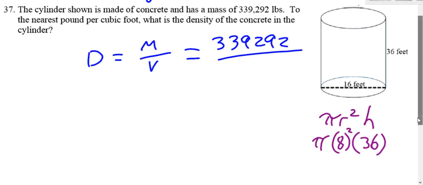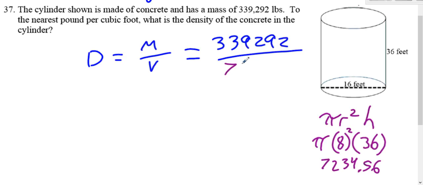And we'll use 3.14 for pi this time. So the volume of this cylinder is 7234.56. Kind of funny, 2, 3, 4, 5, 6.